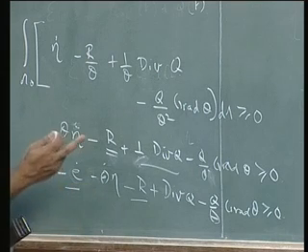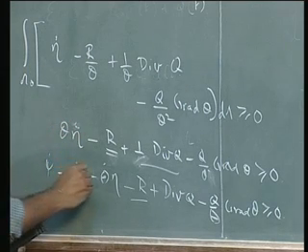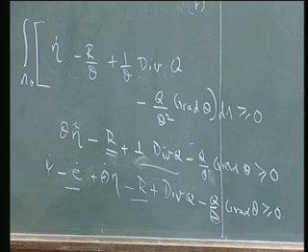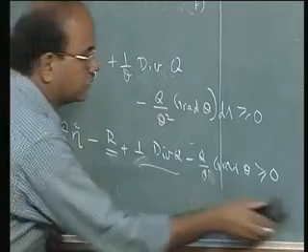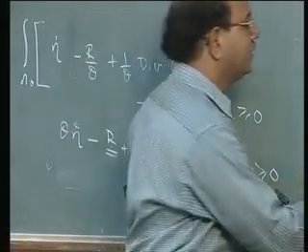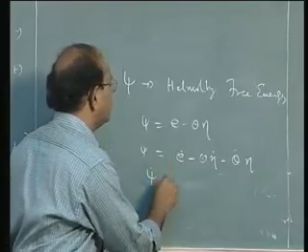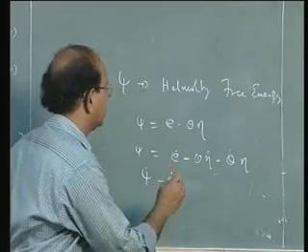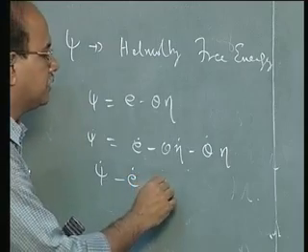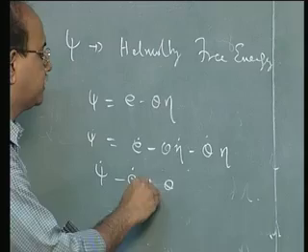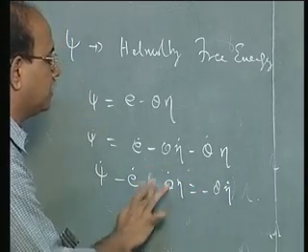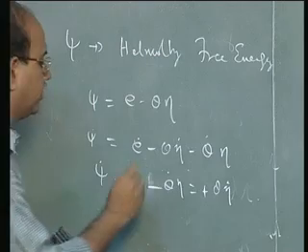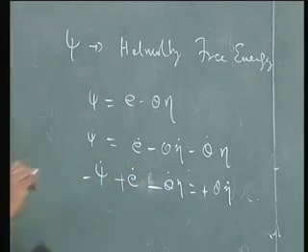So, that term again comes to the other side, so this will become plus. Wait, 1 second. So, let me do it from here. So, psi dot minus E dot plus theta dot eta is equal to minus theta eta dot. So, this I want plus here, so this will become minus plus minus, right.